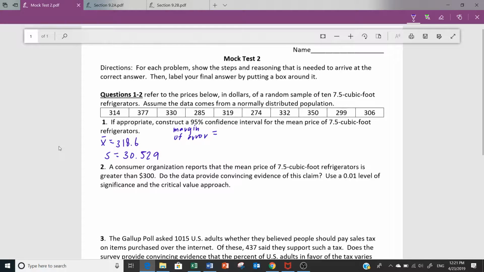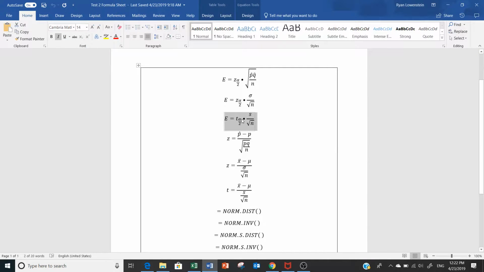Z alpha over 2. So we have to do the Z alpha over 2 value. Sorry, the T alpha over 2 value. We have 95% in the middle. And what do we have on the sides? 0.025. So I have 0.025 over here, and I have 0.025 over here. Now, I look at the formula, and it says T alpha over 2.